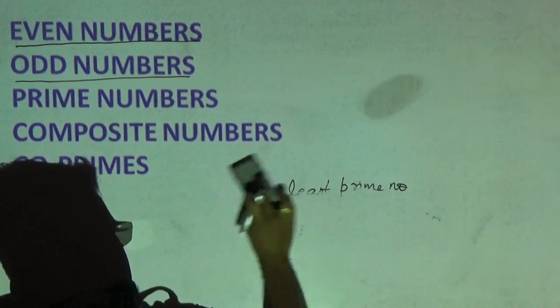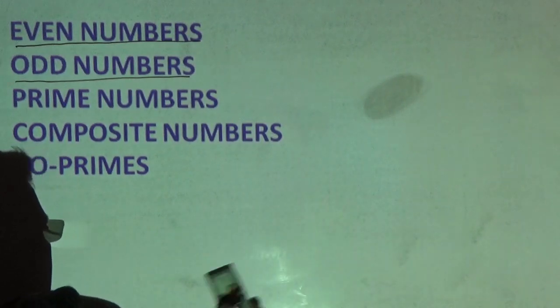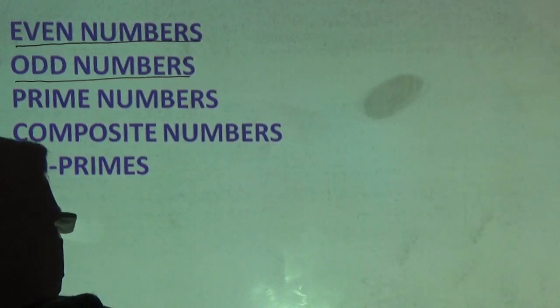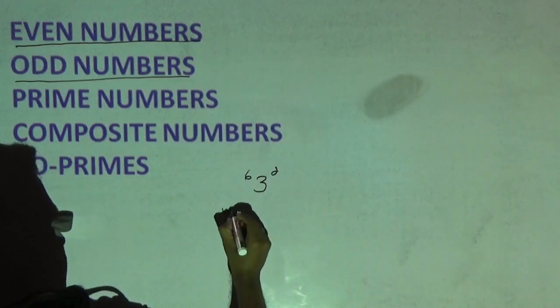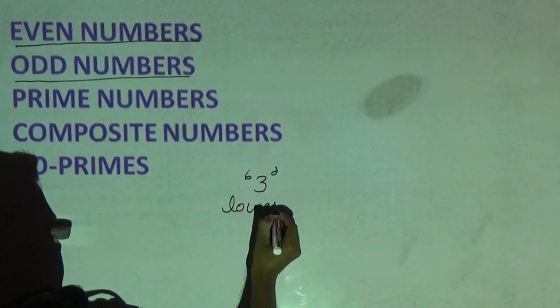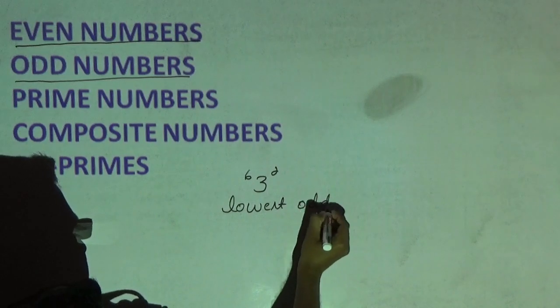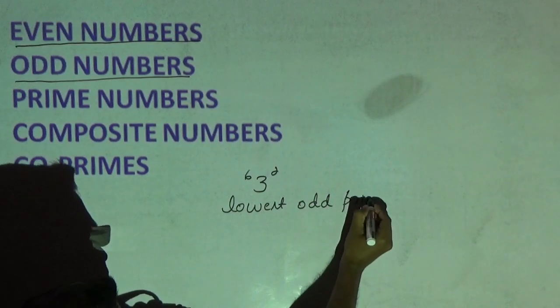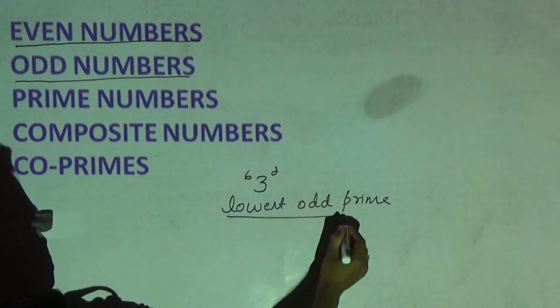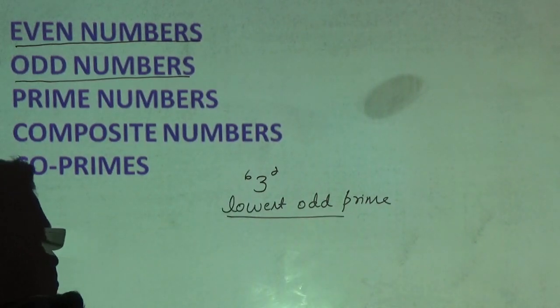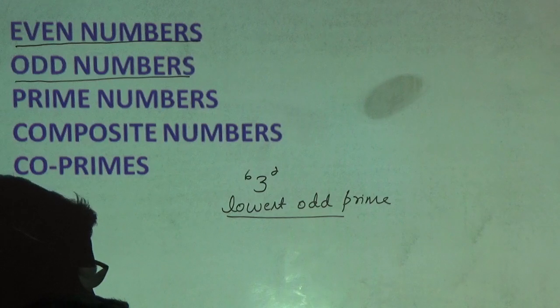Then, which is the lowest odd prime number? 3 is the lowest odd prime number. The answer for that question is 3, because 1 is not a prime number.